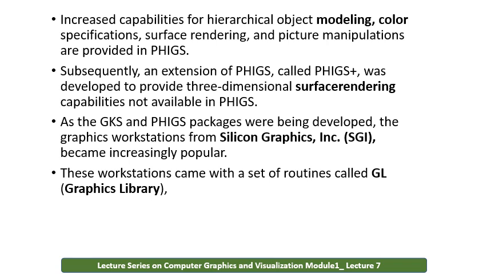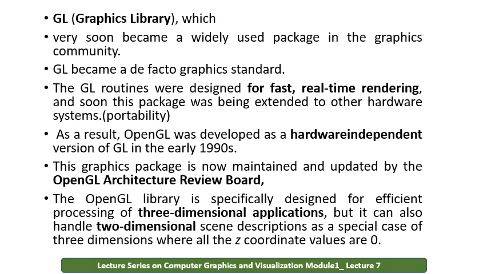Nowadays, whatever workstation we use comes with a set of routines called GL, that is graphics library, which you are going to study and use in this course. GL very soon became a widely used package in the graphics community, and even became a de facto graphics standard, designed for fast and real-time rendering.